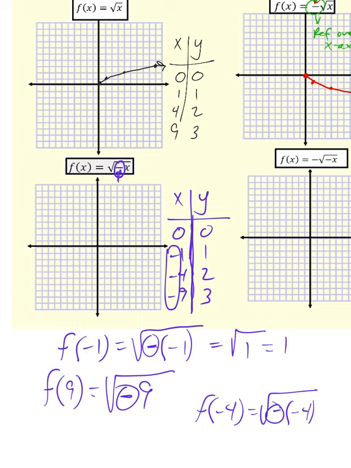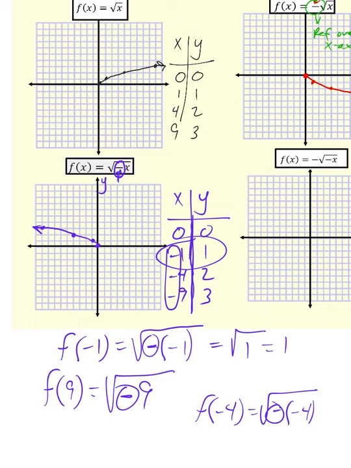So in the end, this graph would have a 0, 0 again, but now this second point is a -1, 1. The third point is a -4, 2, and the fourth point is a -9, 3. So what you can see here is instead of reflecting over the x-axis like we did in the top right with the red graph, now we're actually reflecting over the y-axis.